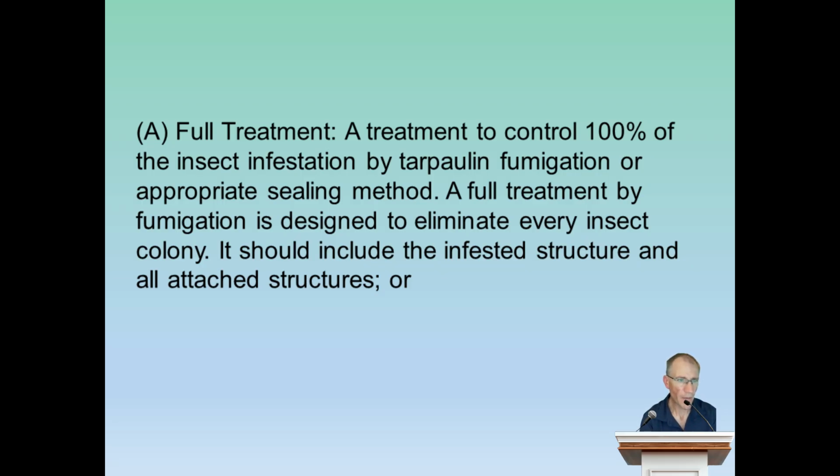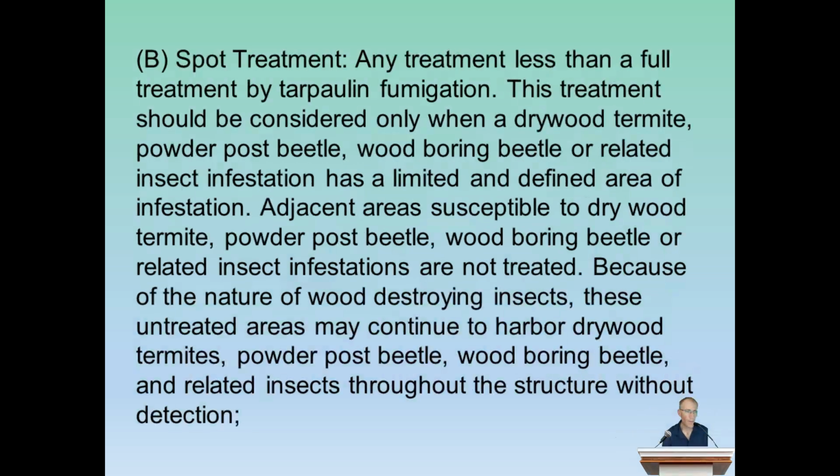A full treatment by fumigation is designed to eliminate every insect colony. It should include the infested structure and all attached structures. Or B. Spot treatment. Any treatment less than a full treatment by tarpaulin fumigation. This treatment should be considered only when a drywood termite, powder post beetle, wood boring beetle, or related insect infestation has a limited and defined area of infestation.